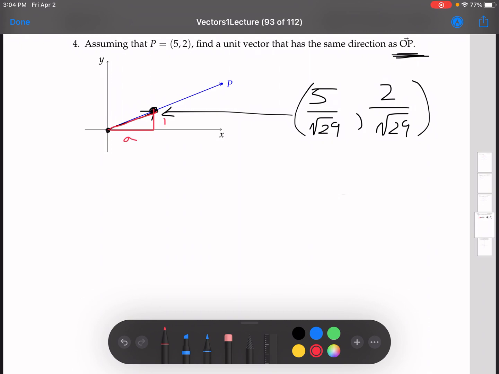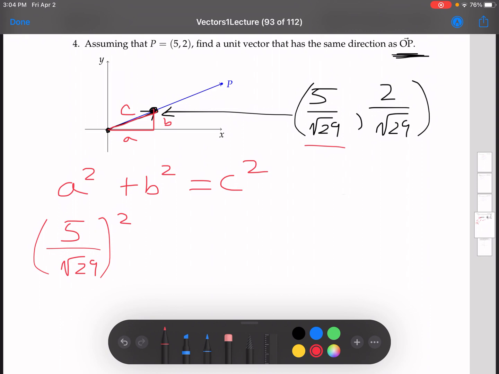You can say a, b, and c is that length, so a squared plus b squared equals c squared. a, the length of a, is this distance here, so that's 5 over root 29 squared. b is that distance there, 2 over root 29 squared.